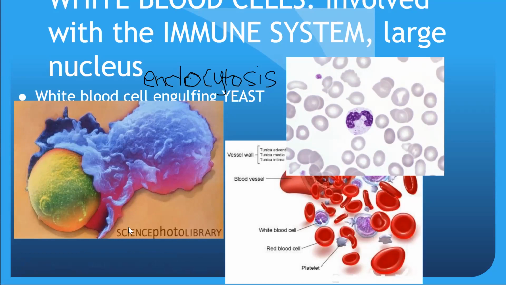So the process of engulfing, especially a white blood cell engulfing yeast, is called endocytosis. Endo means inside, or in, and cyto means cell. So the white blood cell is taking the yeast into its cell, hence why the process is called endocytosis.